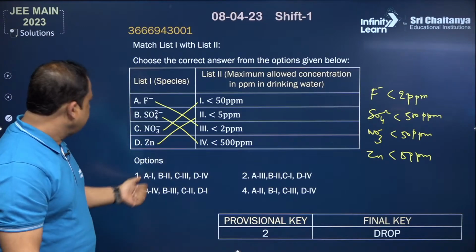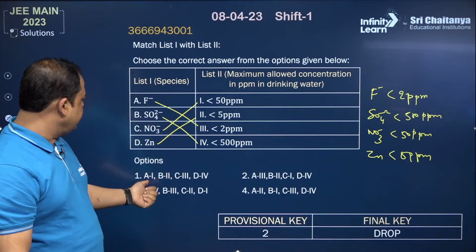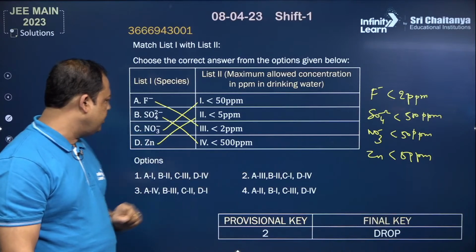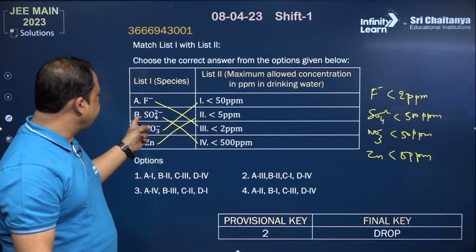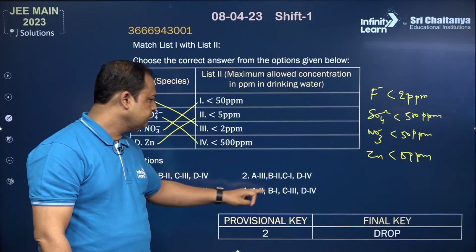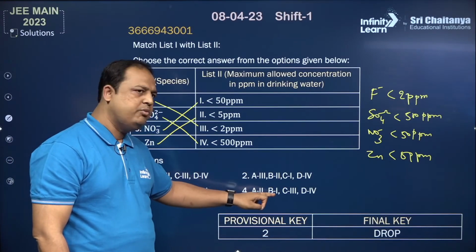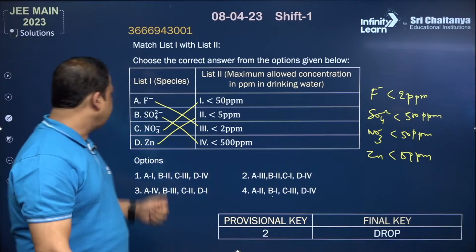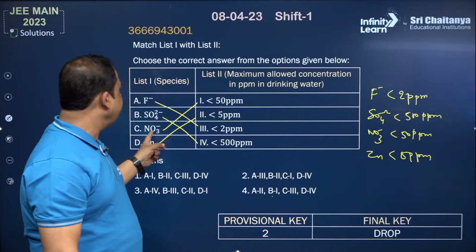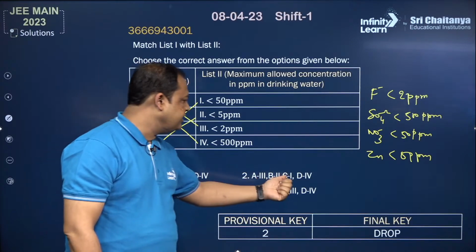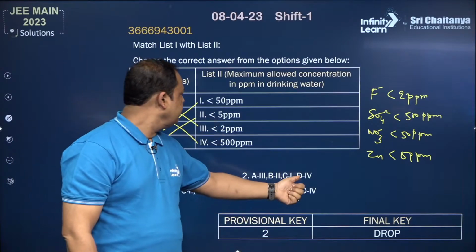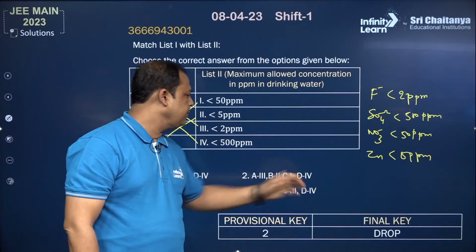A with the third one. What about B? B matches with 1, not with fourth. And what about C? C matches with 1, and D matches with 2, option number 2.